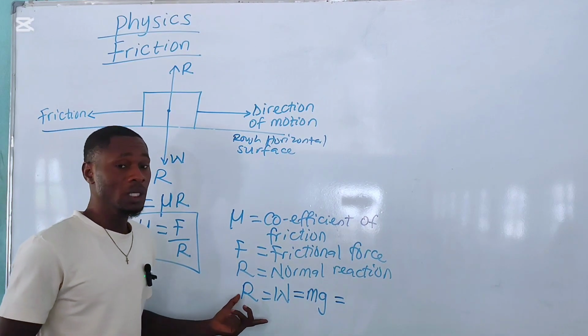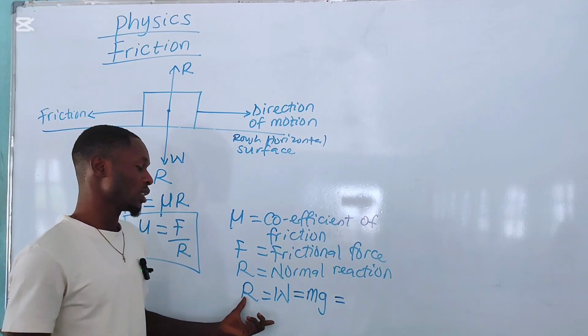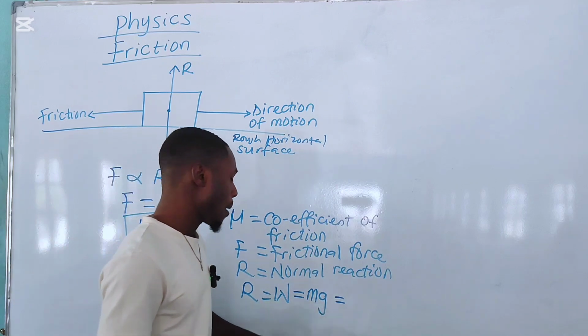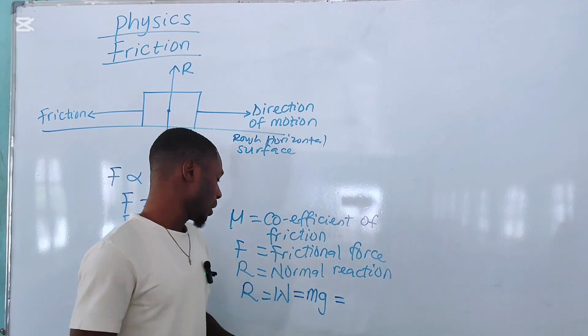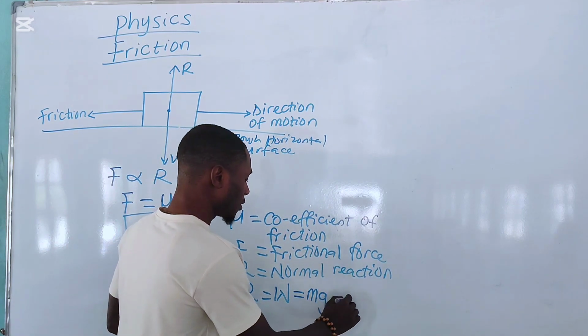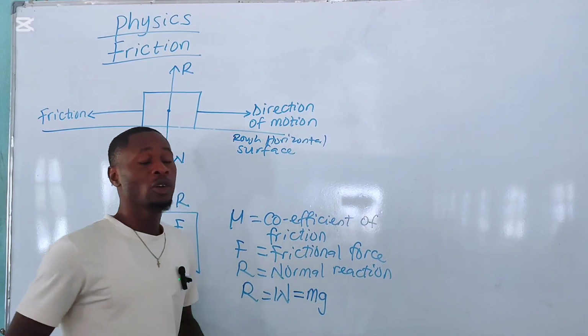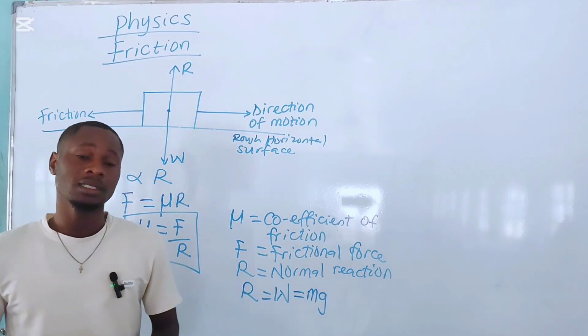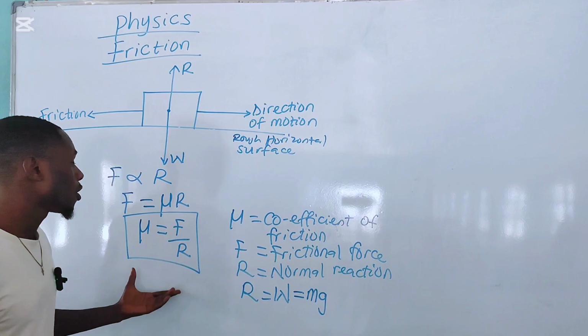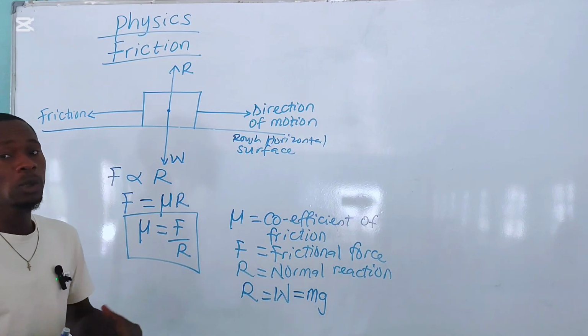So always take note that your normal reaction is equal to the weight of the body. That gives us the normal reaction, the weight, and lastly the coefficient of friction. So let's look at examples of how we can use this equation to solve problems.